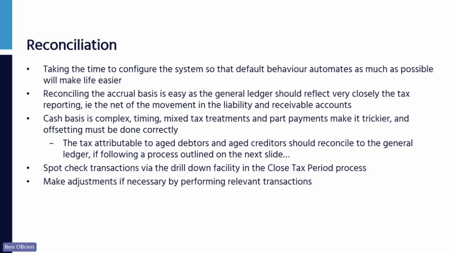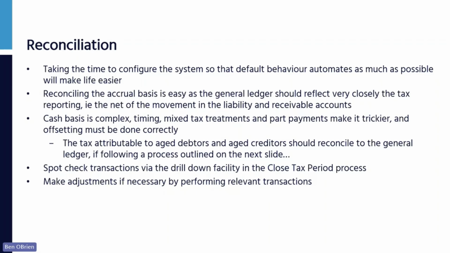Okay, from a reconciliation perspective, we do get quite a few questions about this, and we have a few pointers for you, which we'll have a look at with some data, just to solidify these concepts as well. But hopefully you've seen through what we've covered so far that if you do take the time to configure the system correctly, then the default behavior is pretty much going to automate everything that you need.